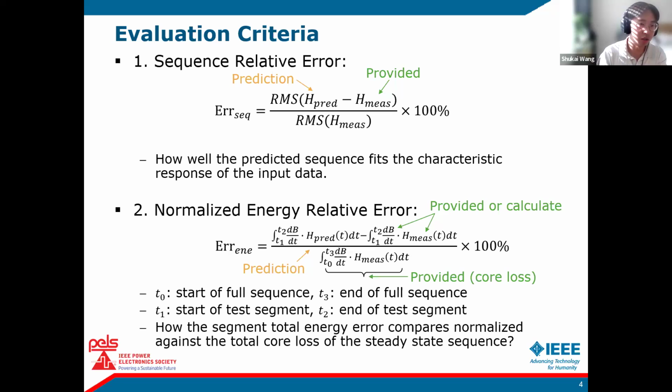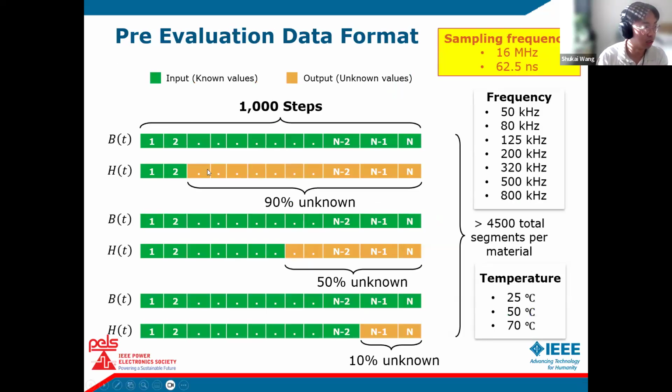So the sequence relative error is going to give us a sense of how well your model is performing in terms of this autoregressive prediction. In all of the values that you need to calculate, the H measurement is already provided in our data set, and the H predict is the prediction that you are going to perform, which was seen in these yellow output unknown colors.